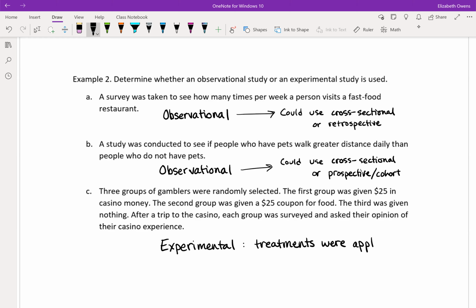That cause and effect relationship is also indicative of an experimental study. Okay, so there we go, observational studies and experiments.